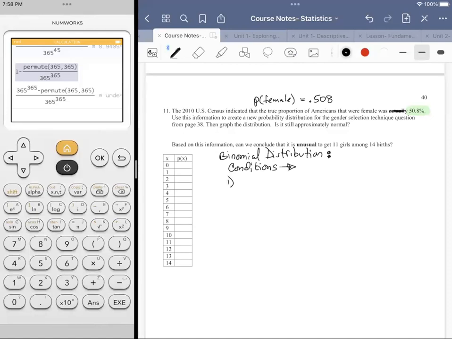There needs to be a fixed number of trials. Fixed probability. Independent events. And 2 outcomes.